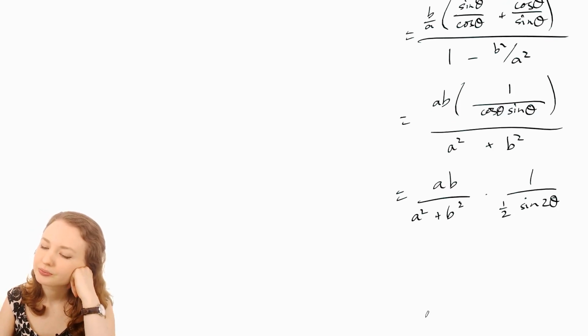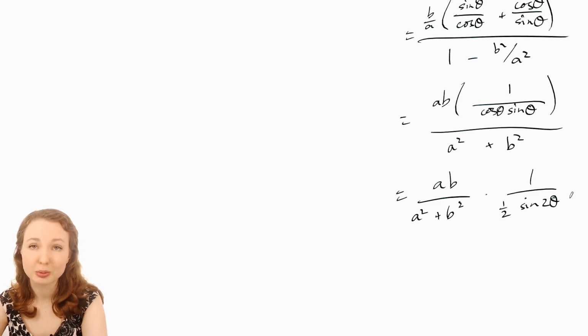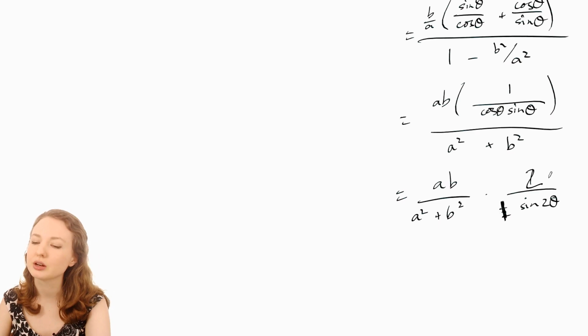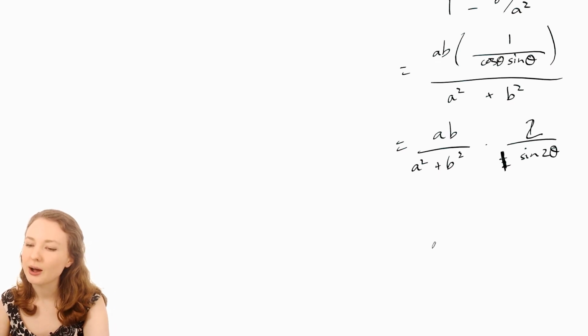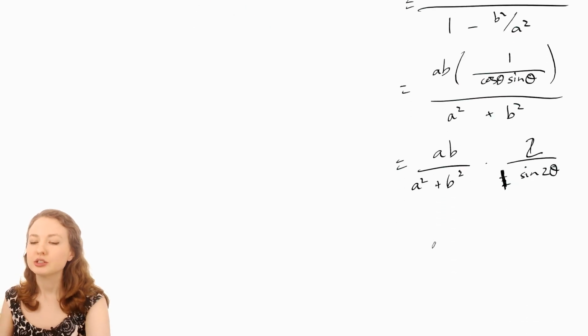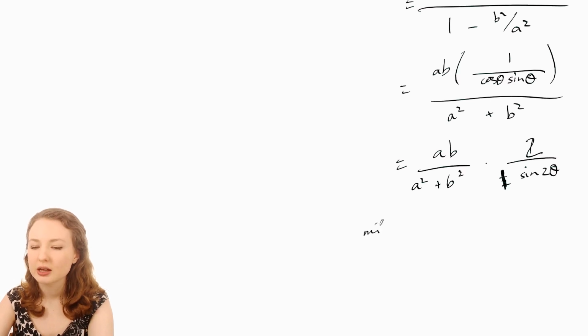Actually, let's get rid of that half, multiply top and bottom by 2, so we get 2 on sine 2 theta. So that's tan angle POQ prime. You could say that angle POQ prime is minimized when sine 2 theta is maximized, which is when it's 1.